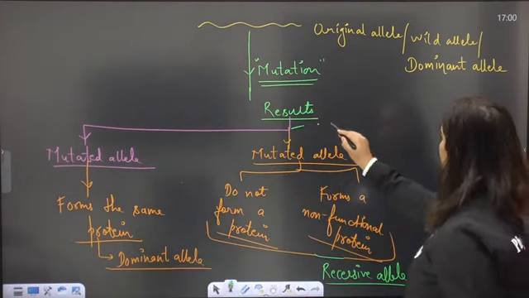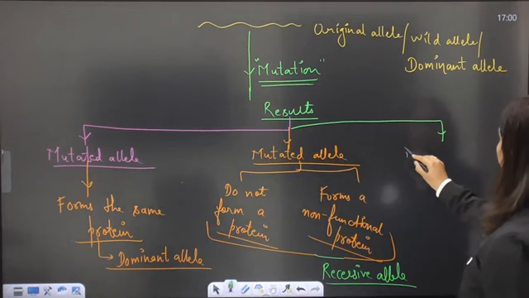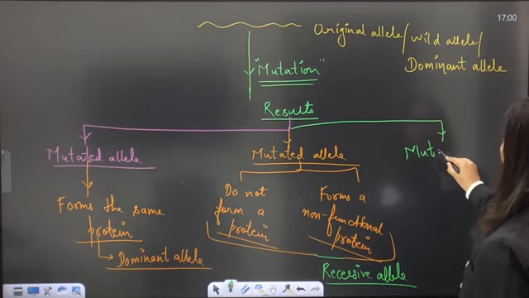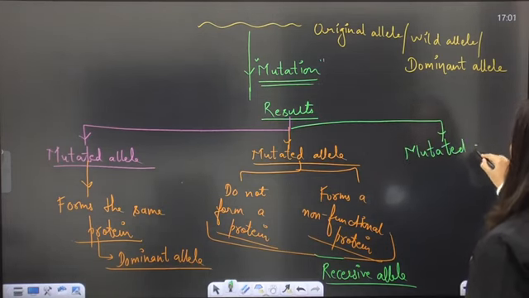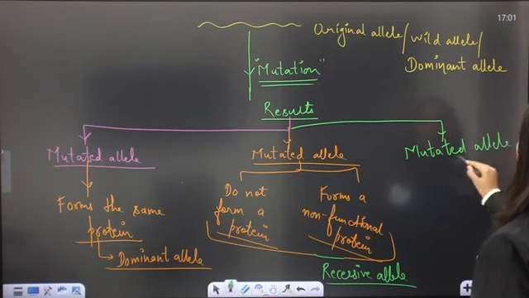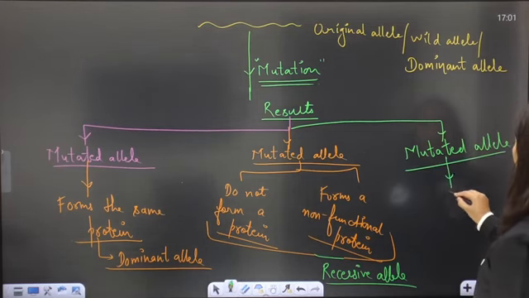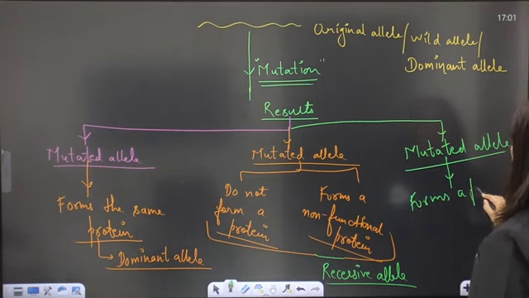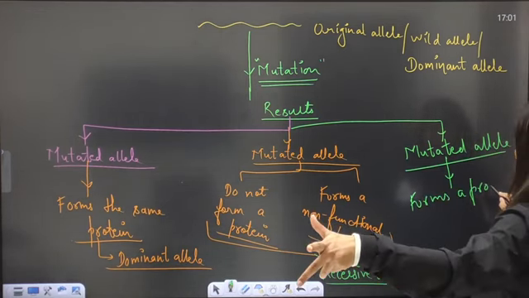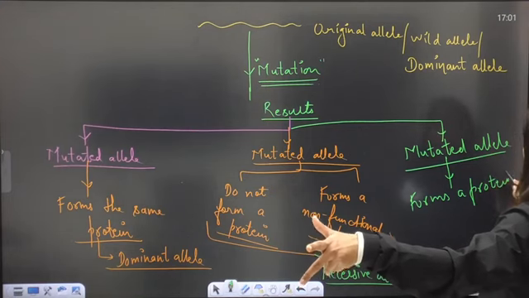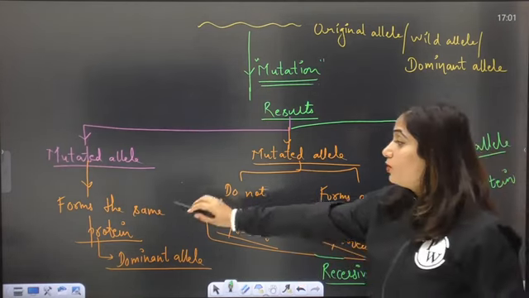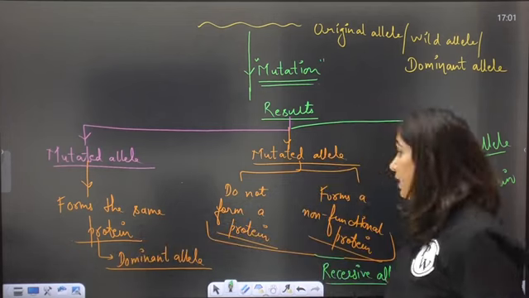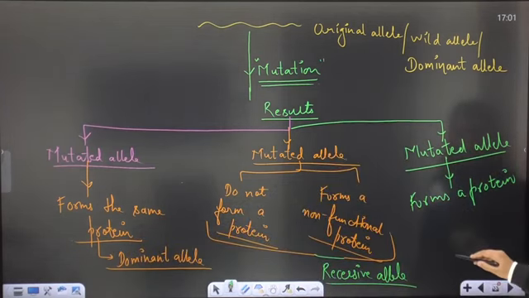And in the third case, if the mutated allele forms a protein, but that protein is altered, that protein is changed, it is not the similar protein as it used to form, but it forms a protein.